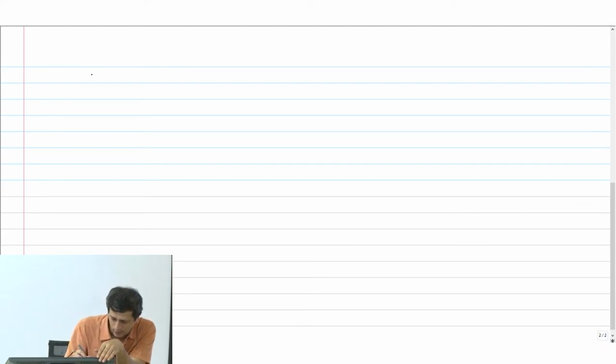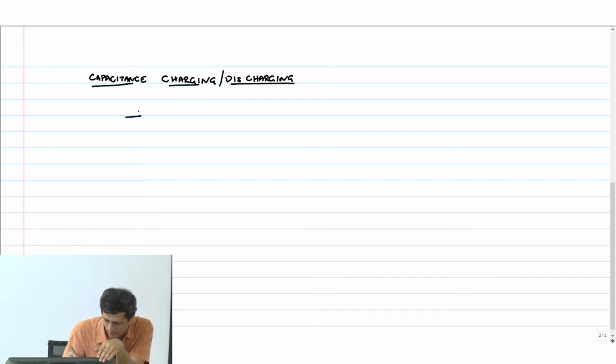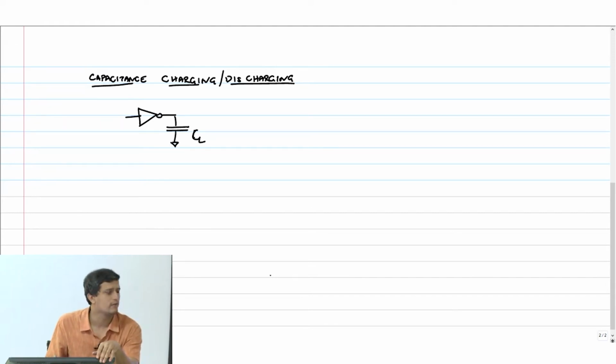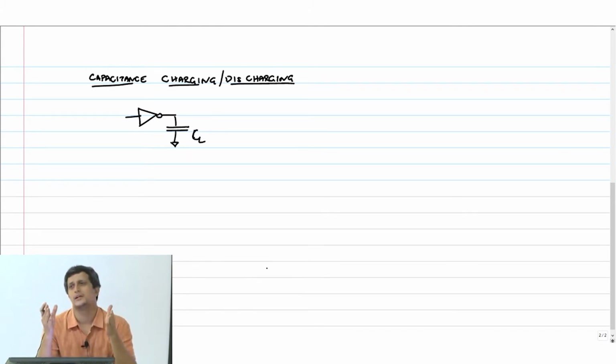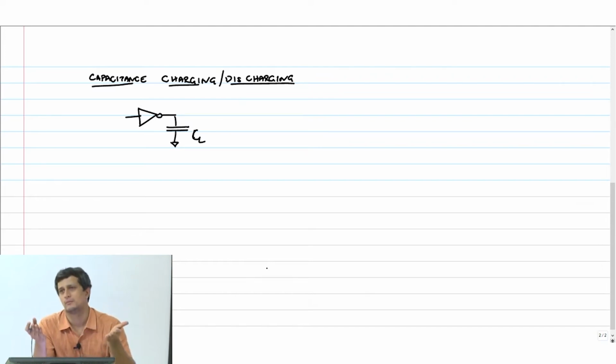So if I have a logic inverter driving a load capacitance, this inverter is going to either charge this capacitor or discharge this capacitor, and the delay of the gate is determined by how fast this action can happen.